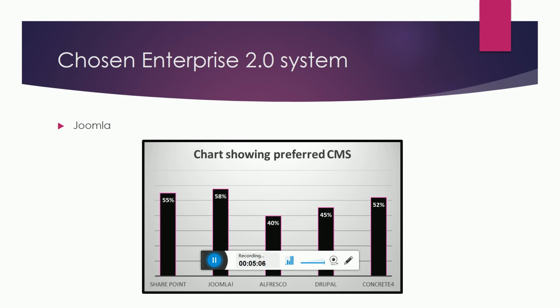So as a result, Joomla was chosen to be discussed in this video. As you can see here, SharePoint got 55%, Joomla 58%, Alfresco 40%, Drupal 45%, and Concrete 4 52%.